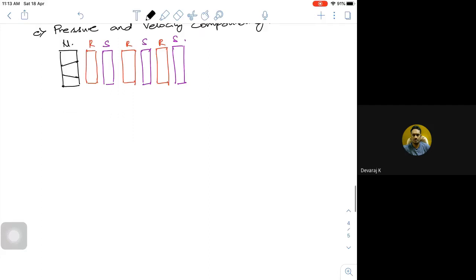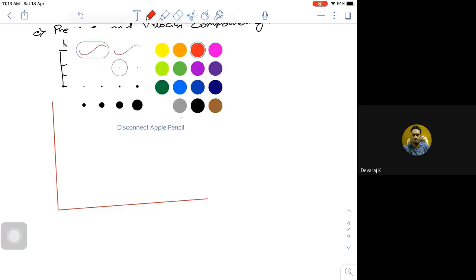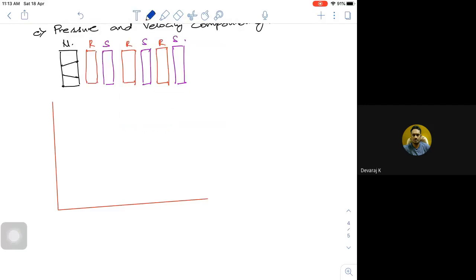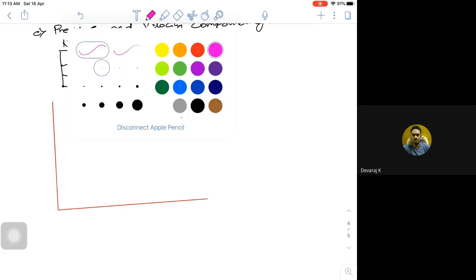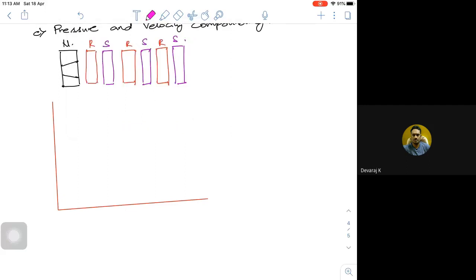So if I try to plot the corresponding pressure and velocity on my diagram, how does it vary? Let me use some blue color for the pressure, and draw some thin lines. For each one, I'm going to put the stage. So this is your rotor, right?